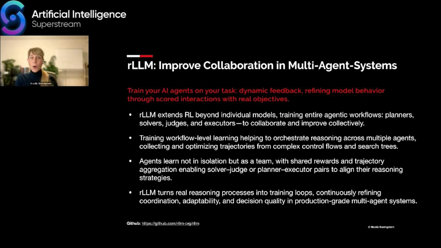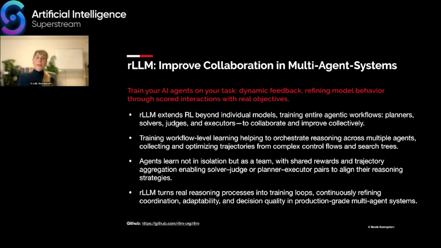And you collect and optimize trajectories. So the whole sequence to find the solution, tool calls, all of that, from complex control flows and even search trees. So also the recent method I showed you with Monte Carlo tree search, and have this within your agentic setup, this framework even helps through improving that as well.